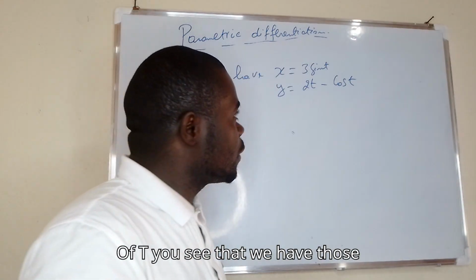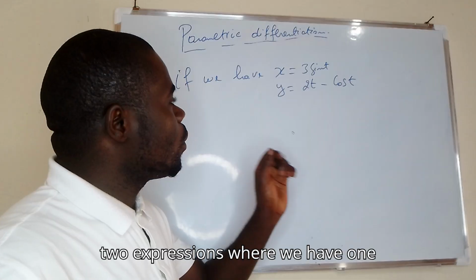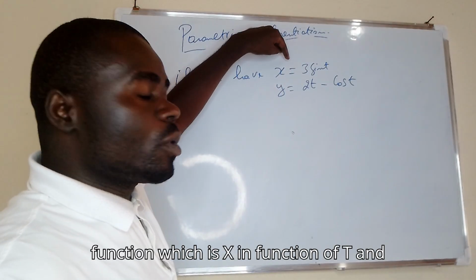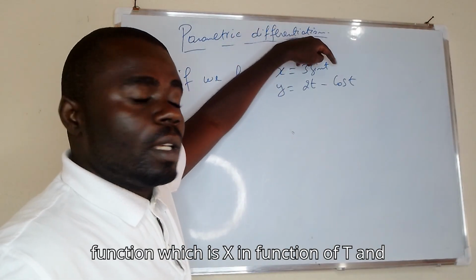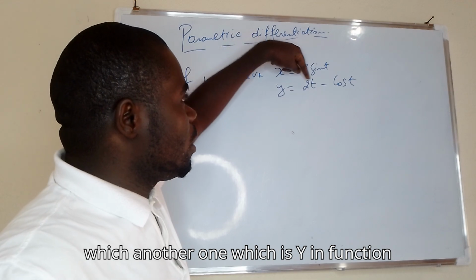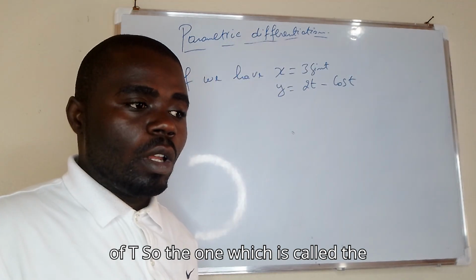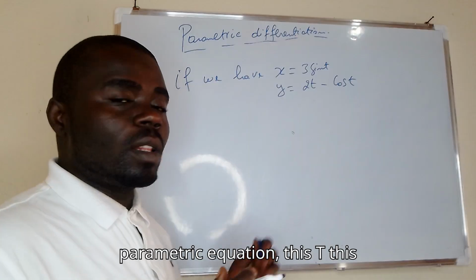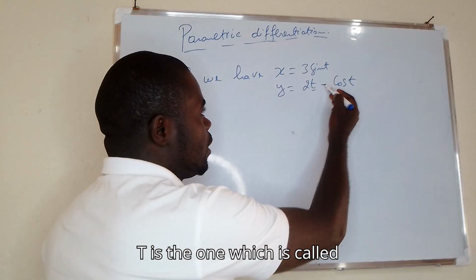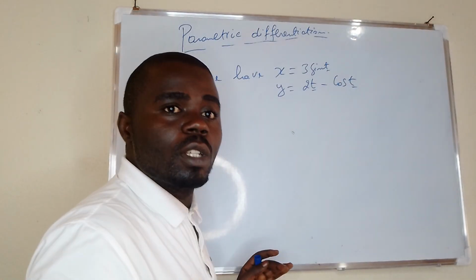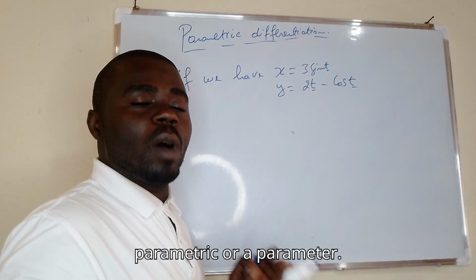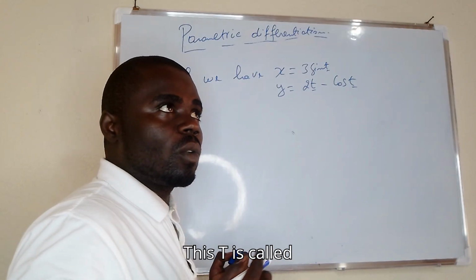You see that we have those two expressions where we have one function which is x in function of t, and another one which is y in function of t. So this is called a parametric equation, and this t is called a parameter.